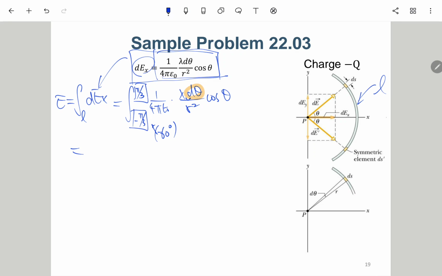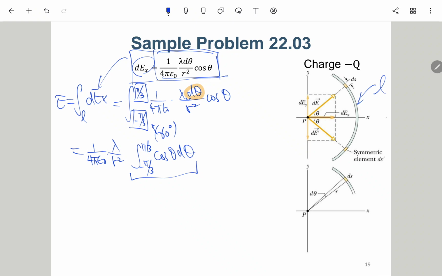Actually 1 over 4 pi epsilon naught is independent of theta, and lambda is independent. r squared is also independent. So the only remaining variable is cosine of theta d theta, from negative pi over 3 to pi over 3. This one is easy to integrate.